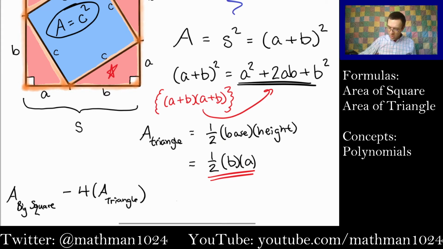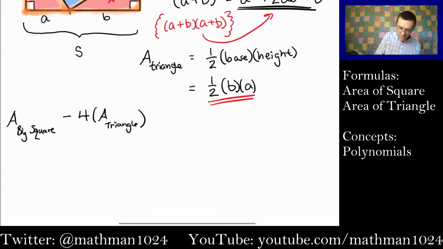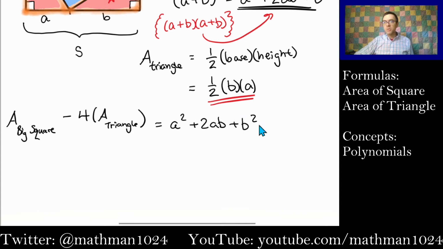Okay? So that means that we would have a squared plus 2ab plus b squared, because that would be the area of the big square.